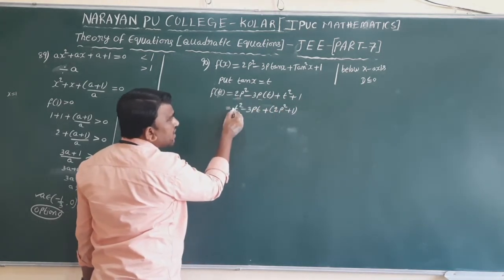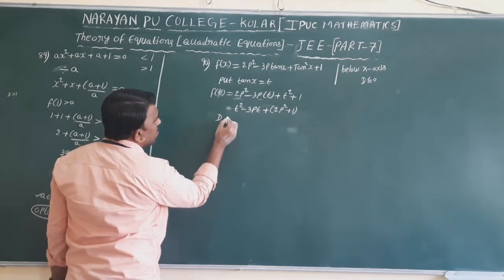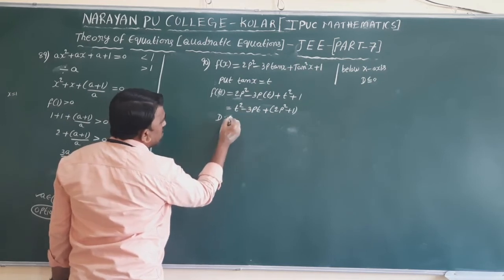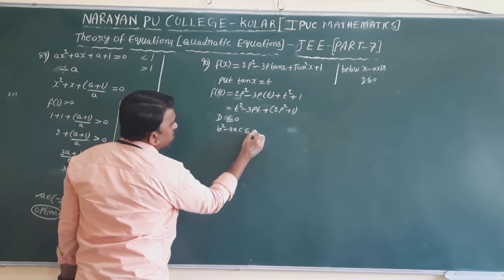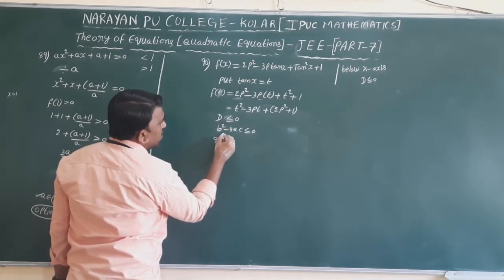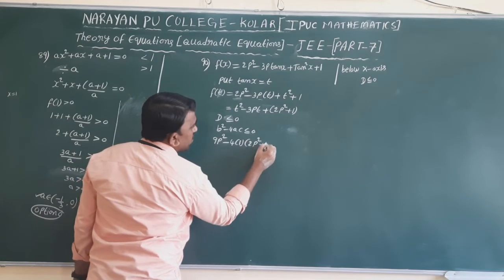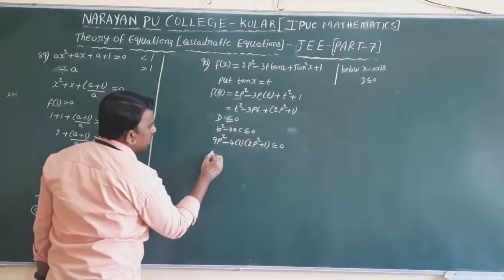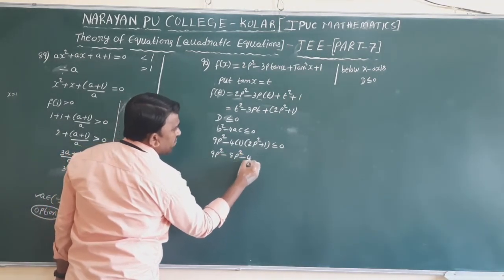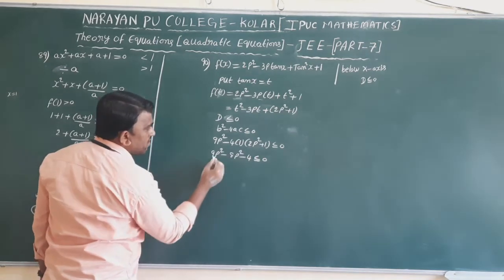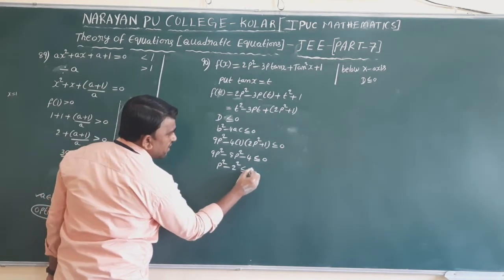Now this is like the x square plus bx plus c form. Discriminant b square minus 4ac is less than or equal to 0. b square is 9p square, minus 4, a value 1, c is 2p square plus 1, is less than or equal to 0. 9p square minus 8p square minus 4 is less than or equal to 0. 9p square minus 8p square is p square minus 2 square is less than or equal to 0.